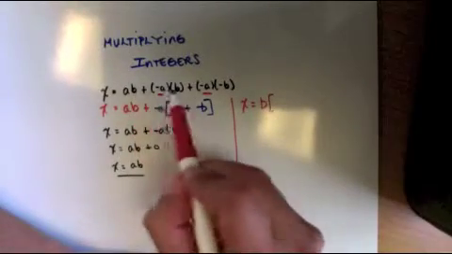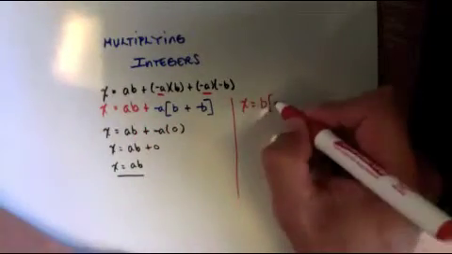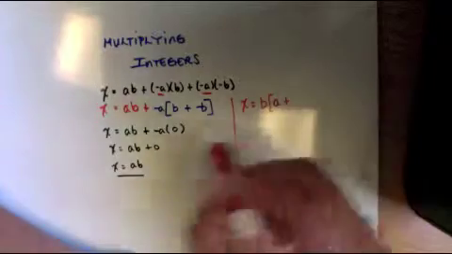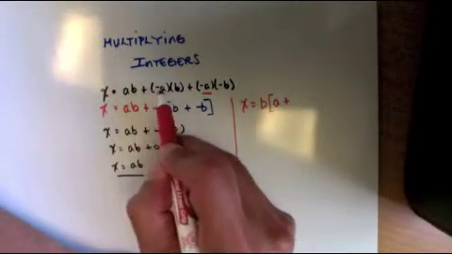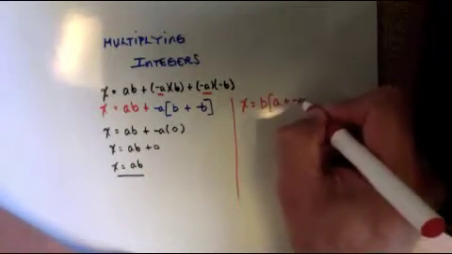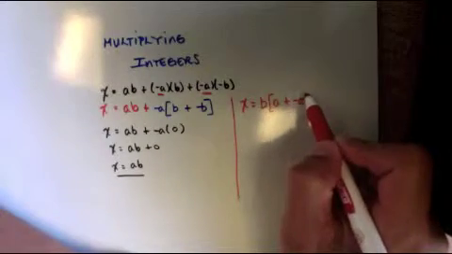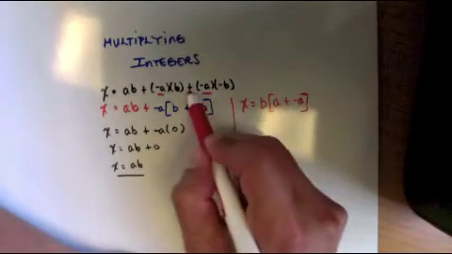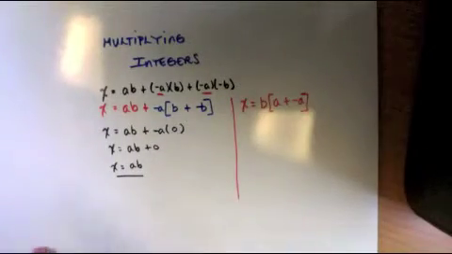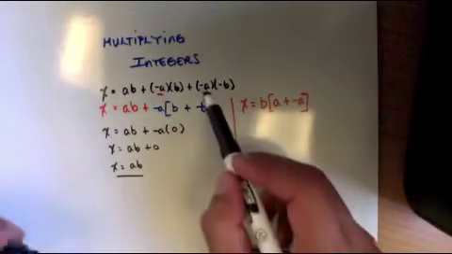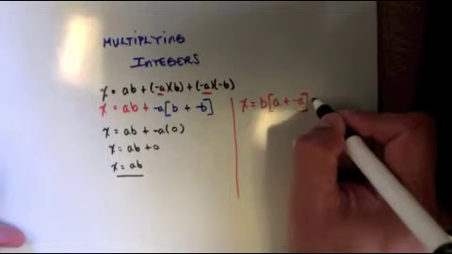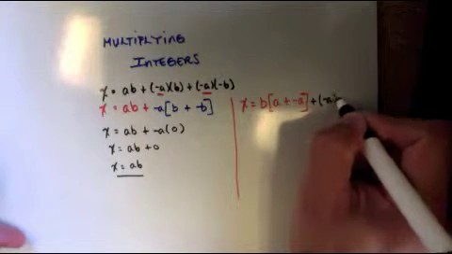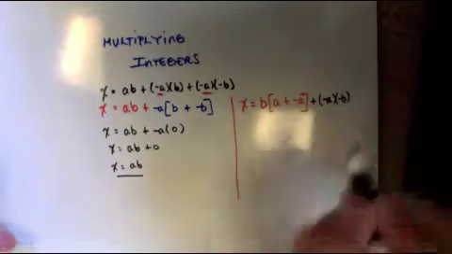From these two is going to be left an A plus a negative A. And then over on this side, you could see negative A times negative B, so we're going to have plus negative A times negative B.